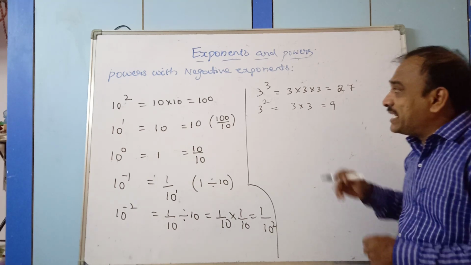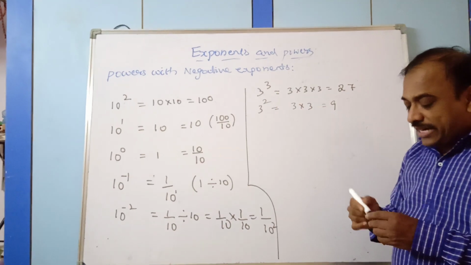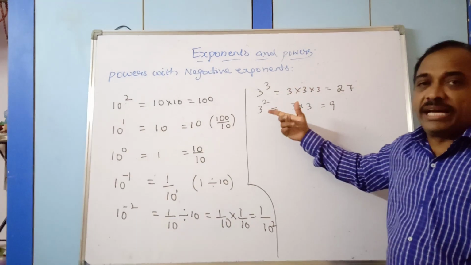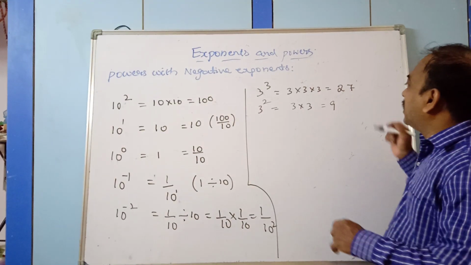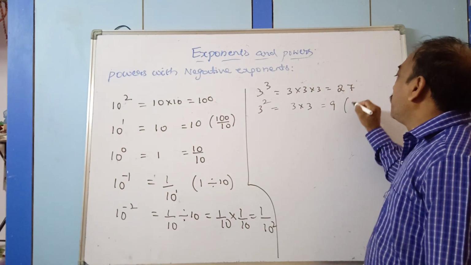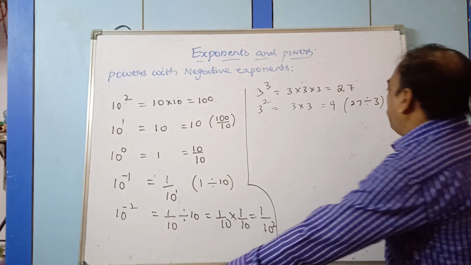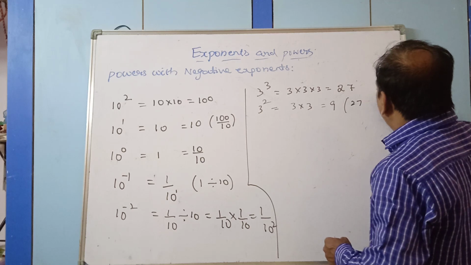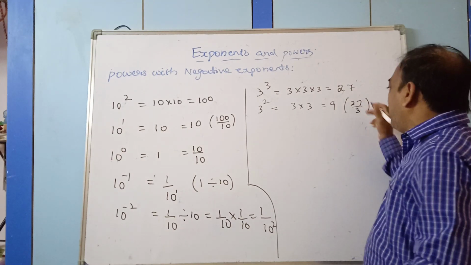But how many times is it decreased? See here, 3 appears 3 times, and here 2 times. That means the value is decreased by 1/3 of 27. That means 27 divided by 3, or 27 by 3, you can write this. So 27 by 3 we divided.